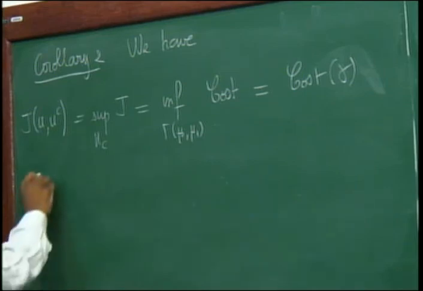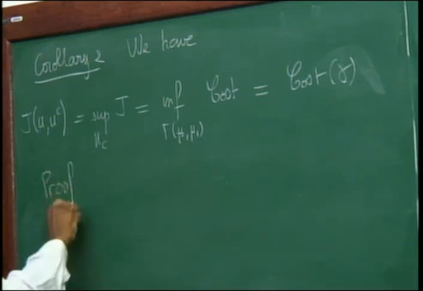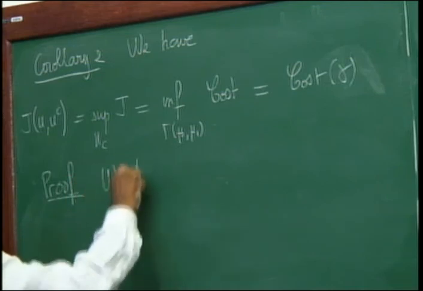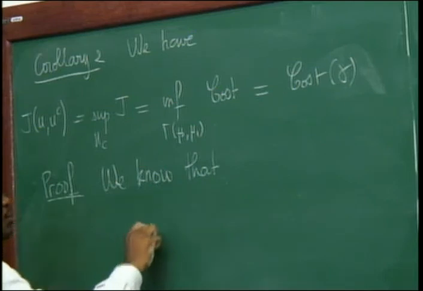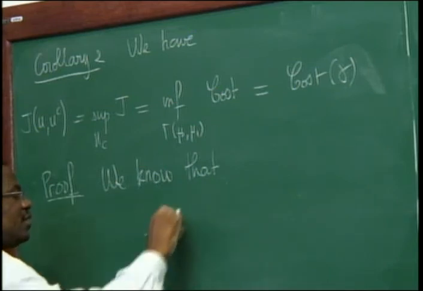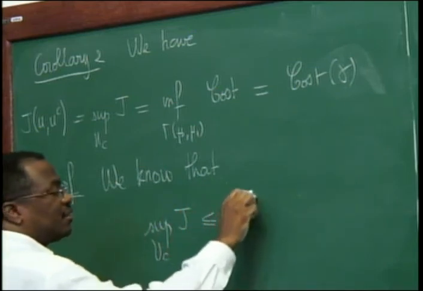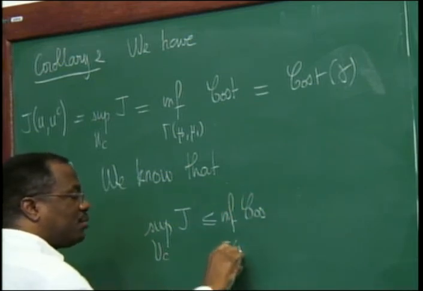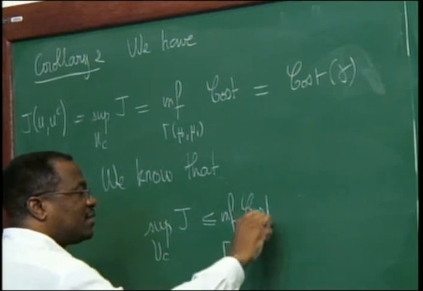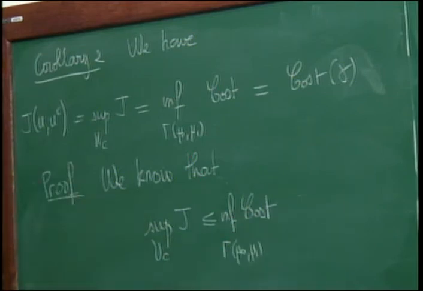So the proof of that: we know that the sup over (u, c) of J is less than the inf over gamma having mu naught and mu 1 as marginals of the Monge cost.